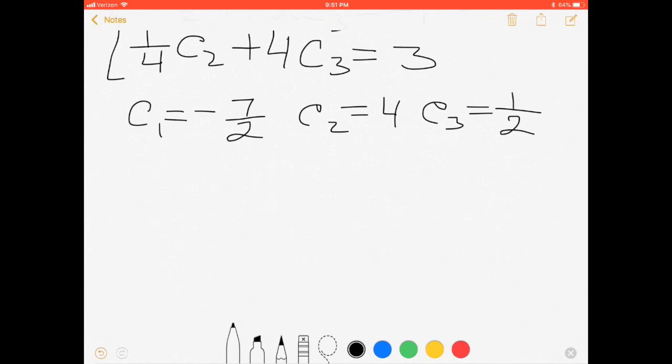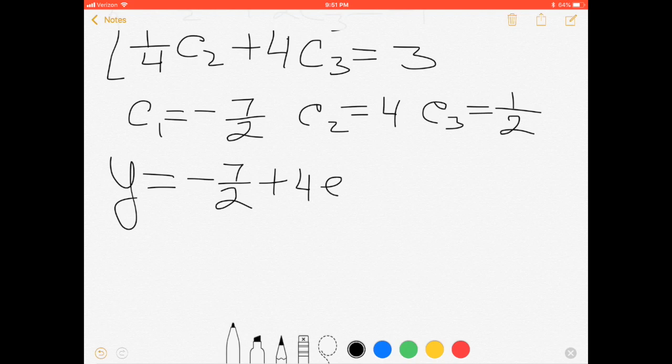This means our particular solution with this initial condition will be negative 7/2 plus 4 e to the negative x/2 plus 1/2 e to the 2x.